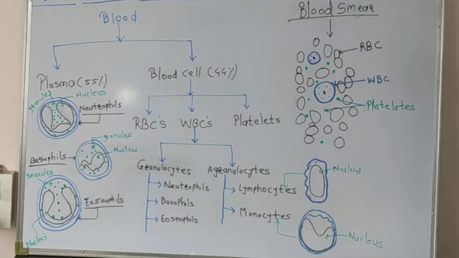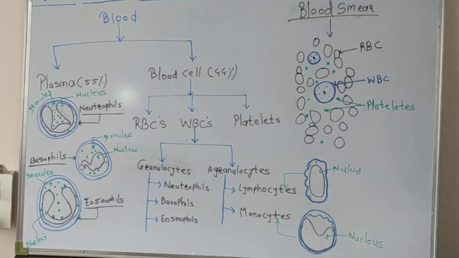So today we have seen the circulatory system in humans, and it includes the blood vascular system, and in that blood vascular system we have seen the composition of blood. Also we have seen the lymphatic system, and it consists of plasma and blood cells.